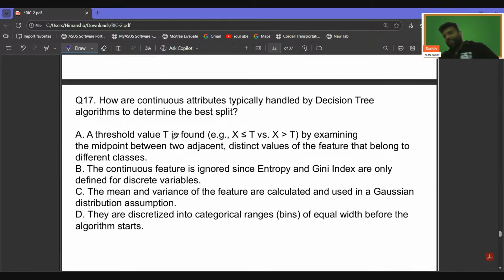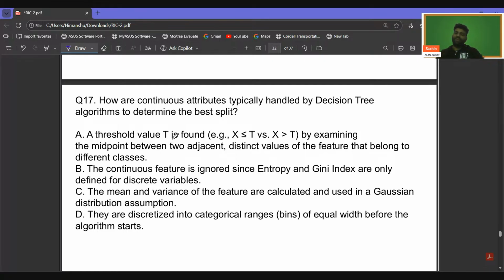So we talked about this, on continuous attributes. How does a decision tree make a split? We generally do not pick a threshold which is one of the values we already have for the continuous variable. What we do is, for adjacent values in the column, we take an average.